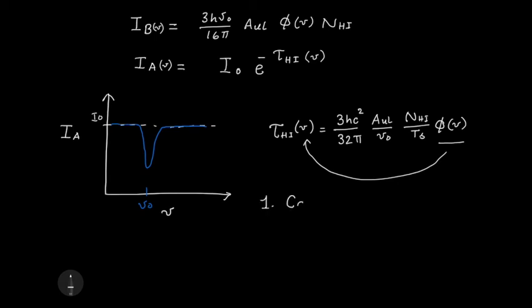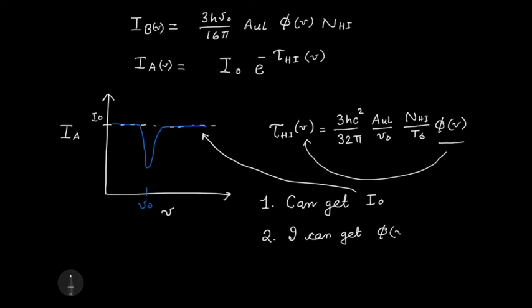Okay, so what can I do with this observation? I have measured this line everywhere. So whatever I have drawn, I have measured. So I can get I0. I will just see what is the intensity here.